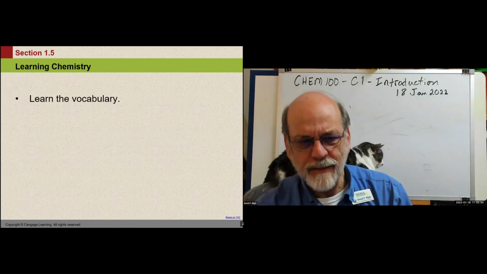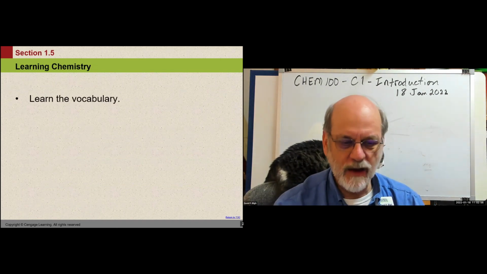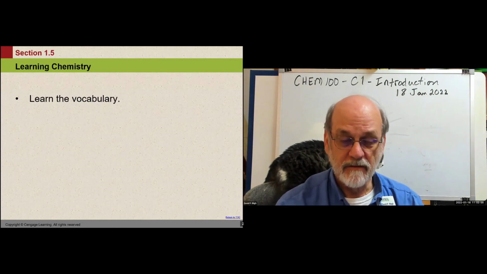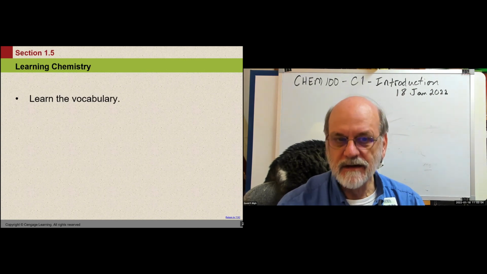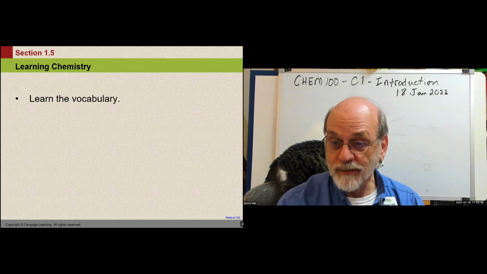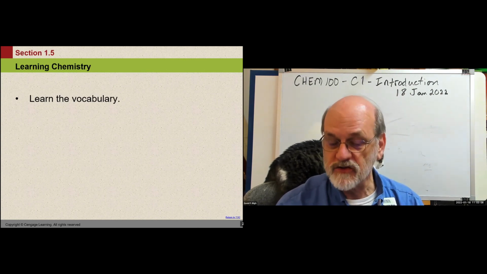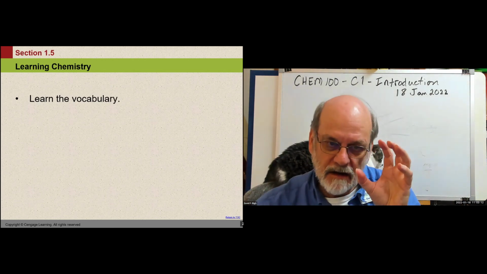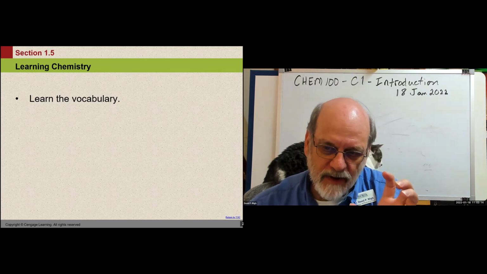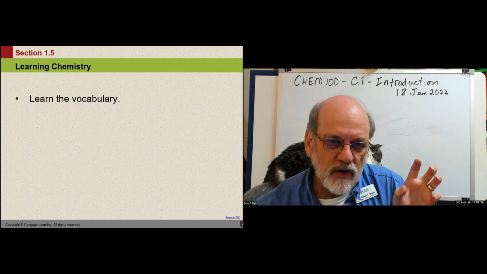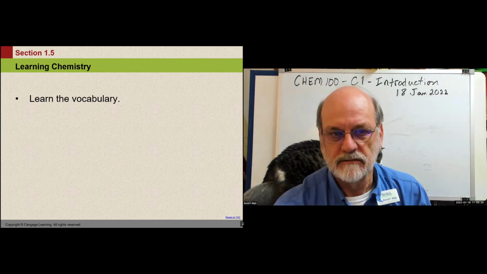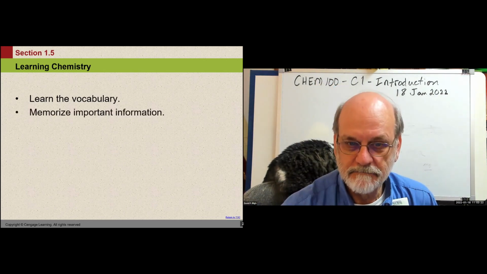All right, chemistry is like a new language. You've got to learn the vocabulary, right? How do you build words and sentences in chemistry? And I don't mean English or French or German or whatever other language. I'm talking about the vocabulary that allows you to describe a chemical process, right?